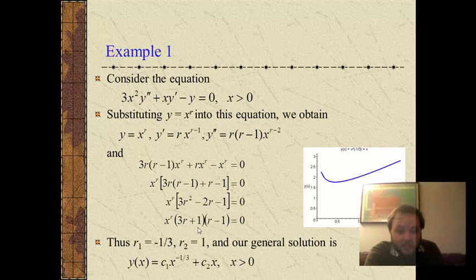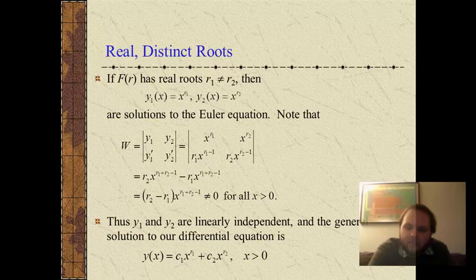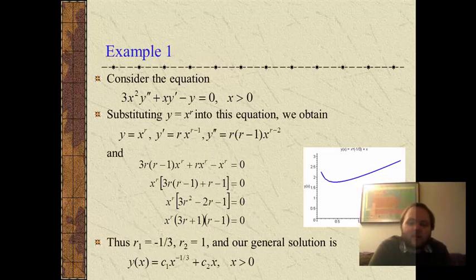That might be a little bit easier on this problem. 3r plus 1, r minus 1, which means that r1 is equal to negative 1/3, and r2 is equal to 1. That creates this cool little Nike symbol here, under these different solutions when I have coefficient C1 being 1, C2 also equaling 1. You can remember from the previous slide that if I did the Wronskian of these two, it indeed would be non-zero for all values of x greater than 0.